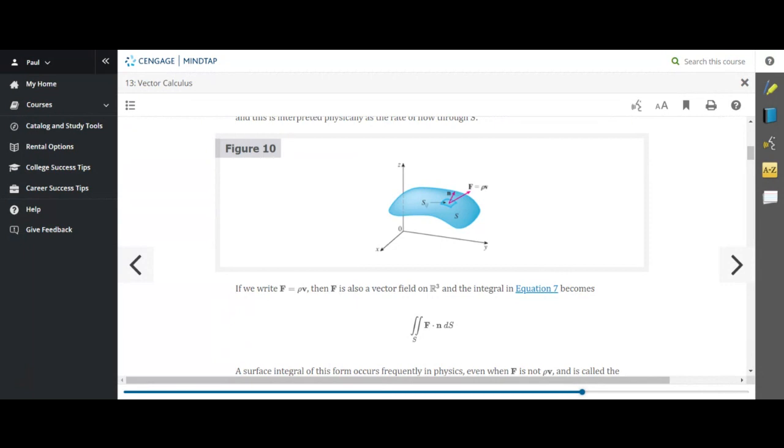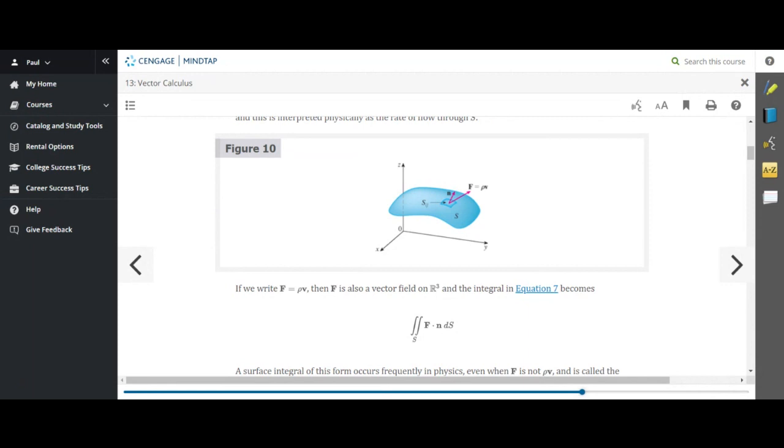And there in figure 10, you see the flow of the fluid isn't coming out from the surface in a perpendicular direction. It doesn't have to. It can come out at an angle.